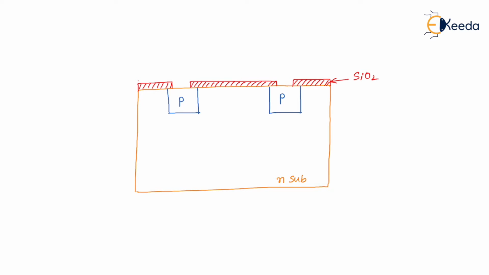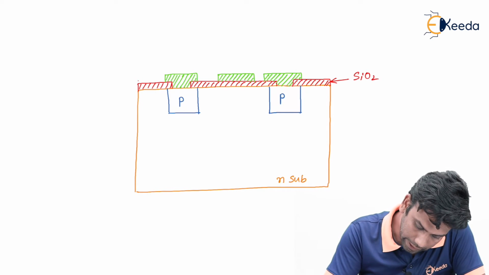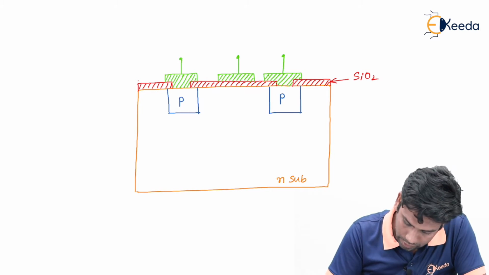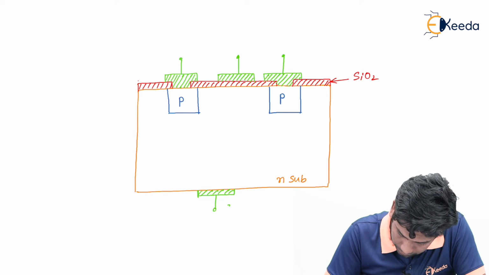Above this, a metal layer is given in the following manner. So the green color layer is the metal layer from which the metal lines have been taken out, and there is also a metal layer here to give the substrate terminal.